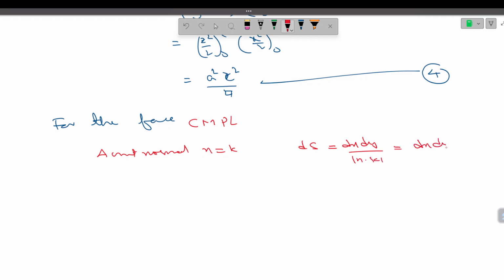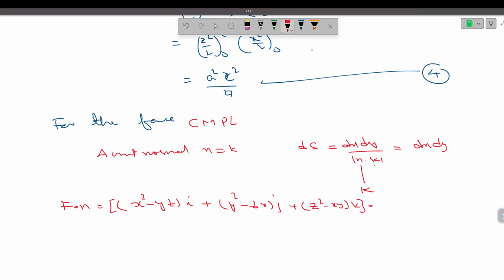So it is dx dy because n equal to k. Now f dot n: our f is x square minus yz of i, y square minus zx of j plus z square minus xy of k.